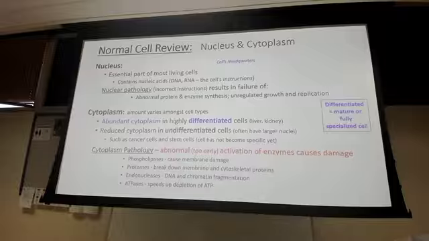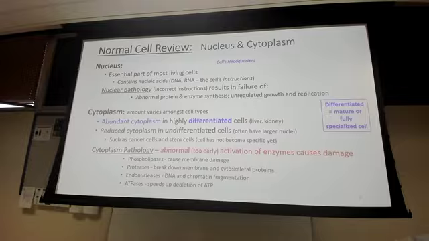On the flip side, we have these things called undifferentiated cells. And those are typical of our stem cells, which can replicate into anything they want to, but they're also characteristic of cancer cells. So when we get into that lecture on cancer, I'm going to show you some, and we'll see some here too in a minute. You're going to see how cells change their appearance based off what's going on with them.